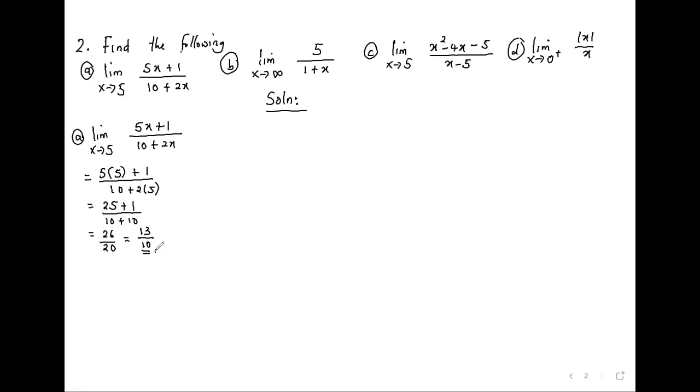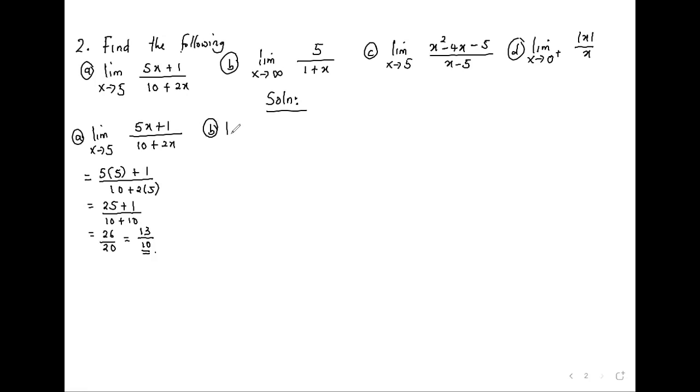So that's the limit. So for as long as, when I substitute, I get a number, I just go ahead and substitute.